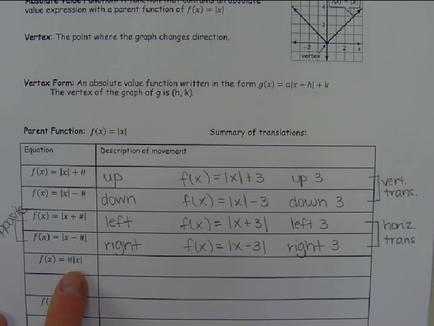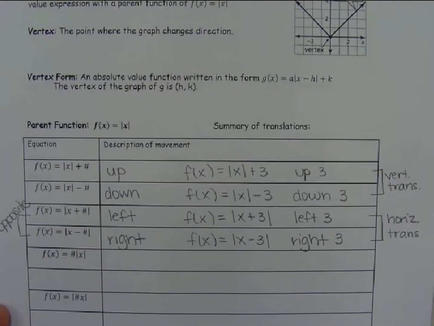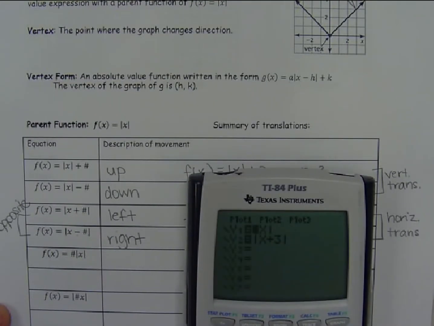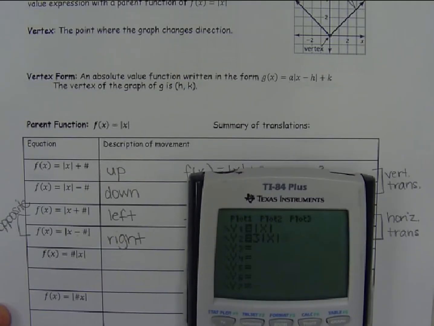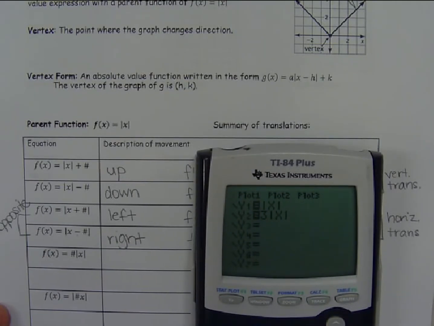Let's now go back and look to see what happens when there's a number out front. So in this case, I'm going to put a 3 out front instead. So I'm going to graph 3 absolute value of x. There's my original, and there's my new. This time, if you notice, it makes it skinnier.